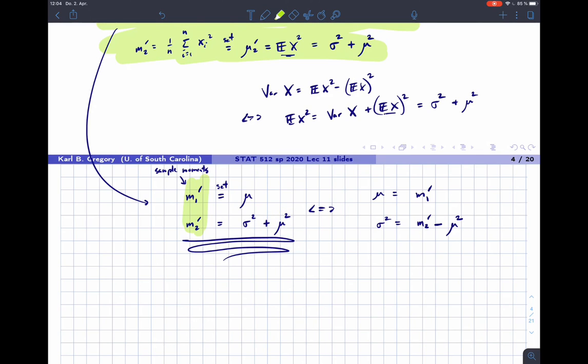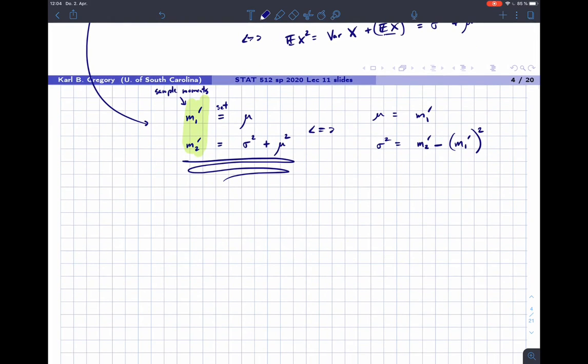But then mu is going to be the first sample moment, so I'm going to put m1 squared. Okay, so the method of moments estimators for mu and sigma squared are given by that.